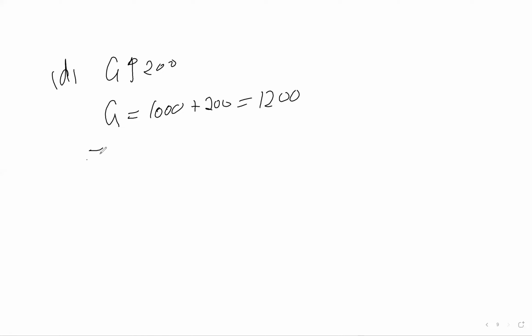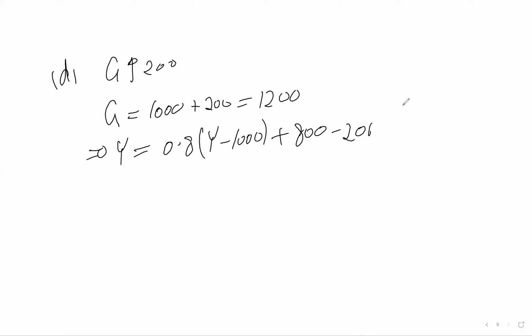And then we are asked to calculate Y. So Y is equal to 0.8 times Y minus the tax the government collects, which is 1,000, plus 800 minus 20R, plus the government purchases, which increase from 1,000 to 1,200.